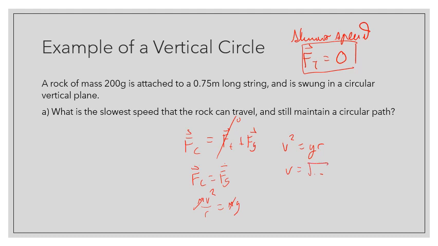Velocity is equal to the square root of gr. So velocity is equal to the square root of 9.8 times 0.75. That means the velocity comes out to be 2.71 meters per second.